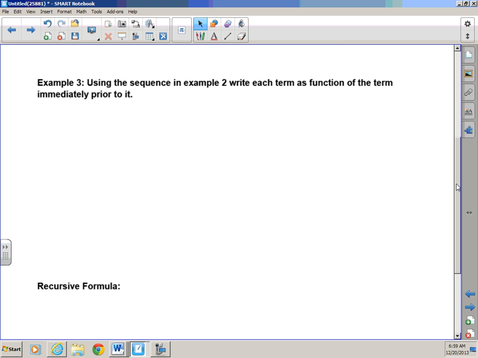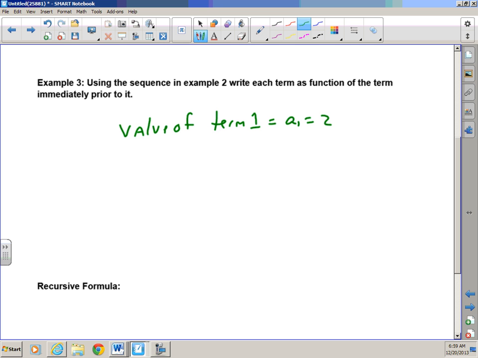So, if you look at what we did, the value of term 1, which is A1, is 2. And continuing the concept, A2 is A1 times 3. A3 is A2 times 3.